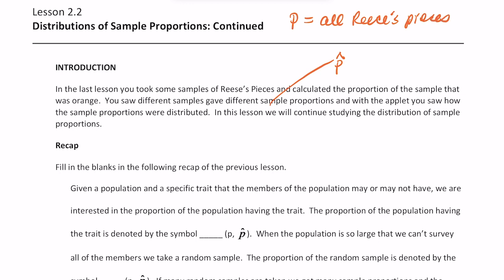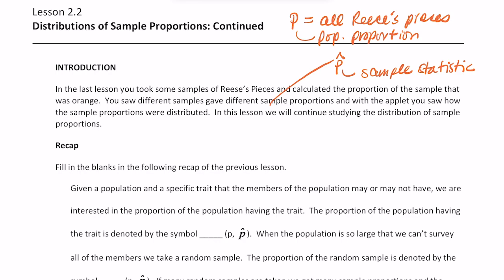P hat is our sample statistic, and P is what we call our population proportion. So that's our sample proportion.